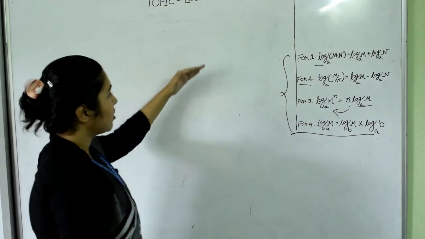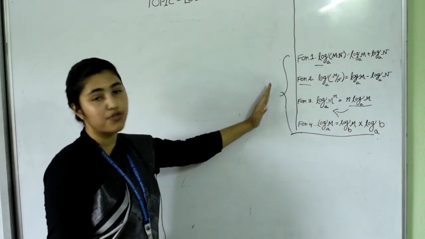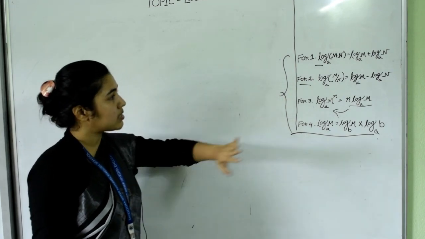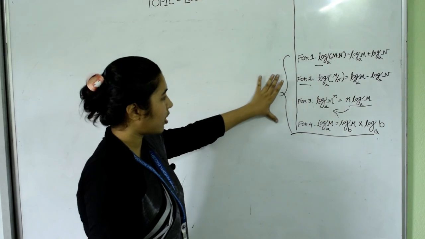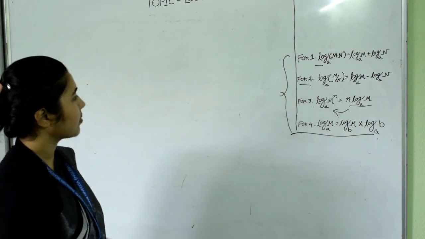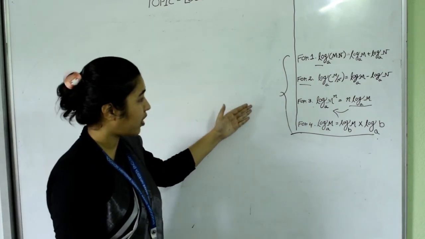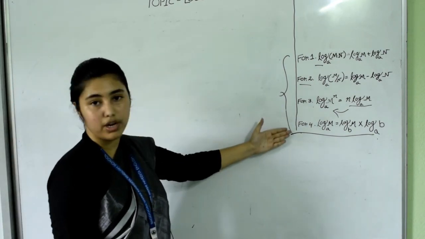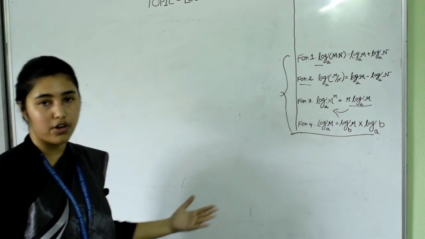Notice one thing, we can solve all these problems by using only these 4 formulas. There is nothing except these 4 formulas. So first remember these 4 formulas. So every time you do this chapter, first write all these formulas and corollaries and then start solving this chapter.